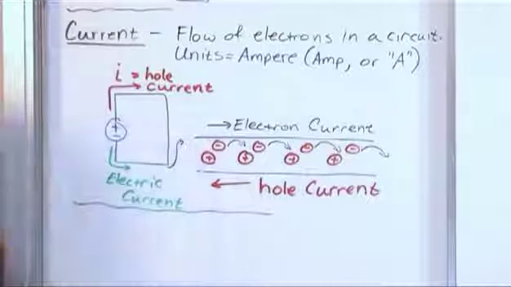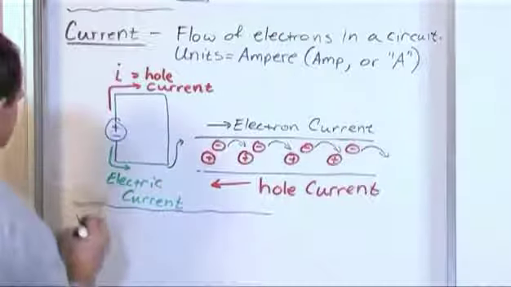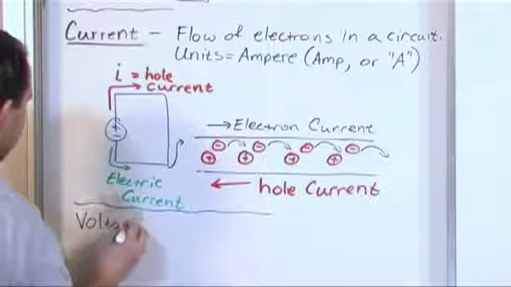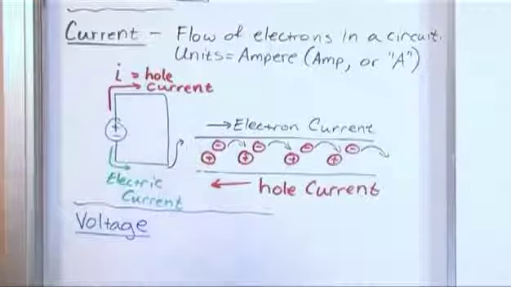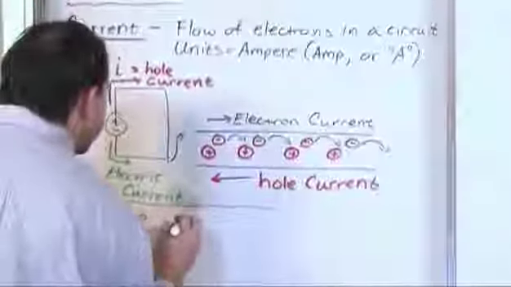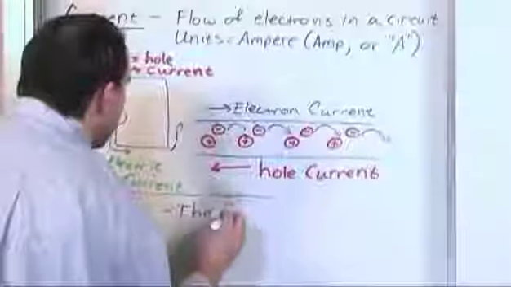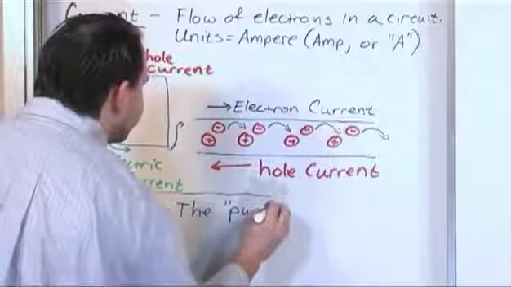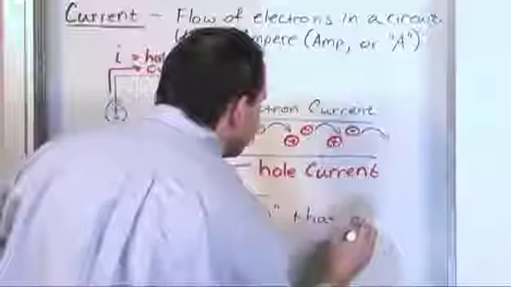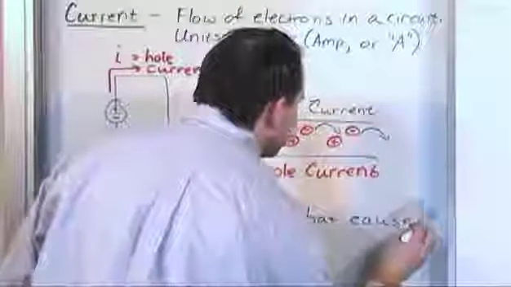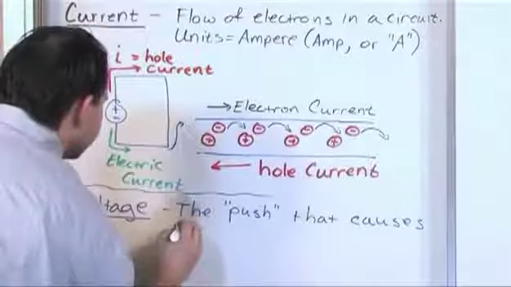All right, now the next thing we have is the concept of voltage, which many people get confused with current because it's kind of used interchangeably. Voltage is the "push" that causes the current to flow.